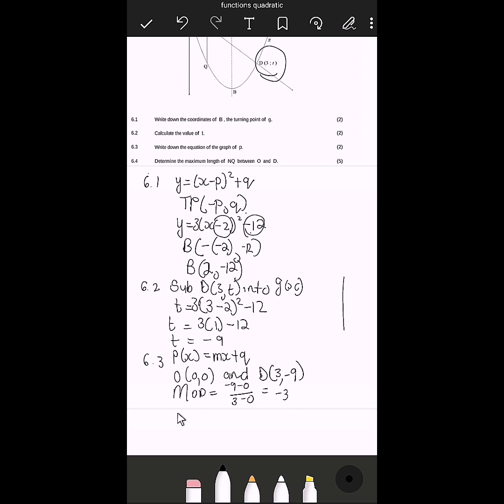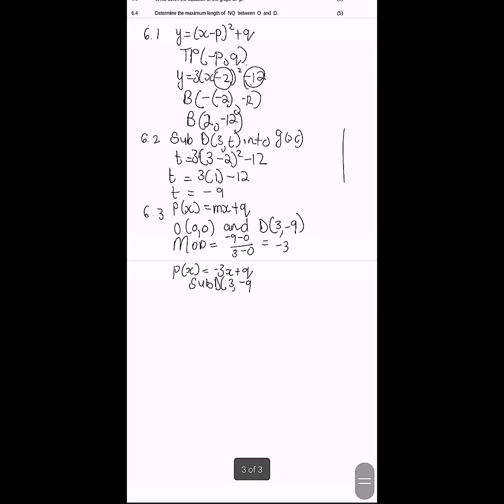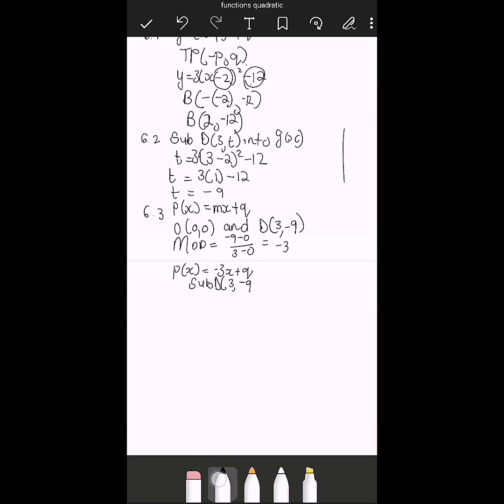Okay, that means in terms of our original equation, we now have p(x) = −3x + q. Then we will substitute one of the points on the graph. In this case, I'm going to choose to substitute in (3, −9).